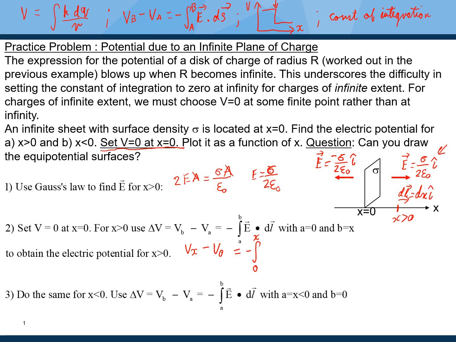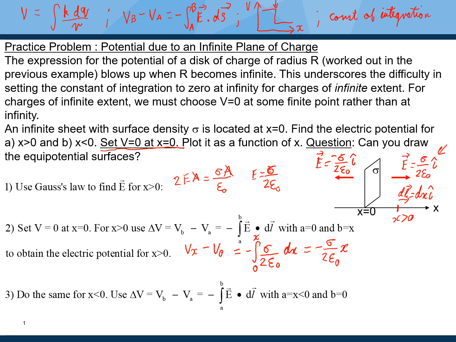Therefore, E vector dot dl vector is just sigma over 2 epsilon naught times dx itself. And this integral is easy to do because sigma is a constant, 2 is a constant, epsilon naught is a constant, and so the integral turns out to be just minus sigma over 2 epsilon naught times x itself.